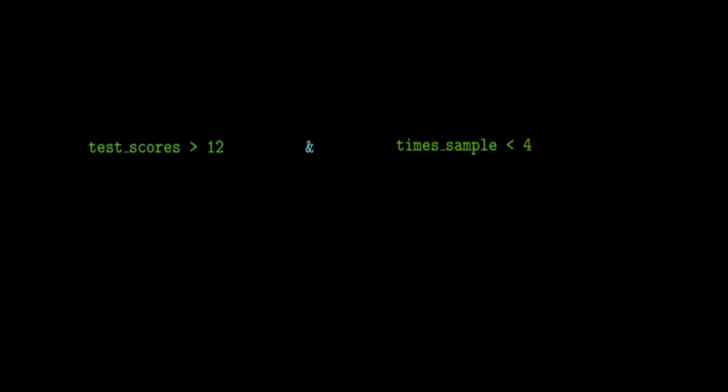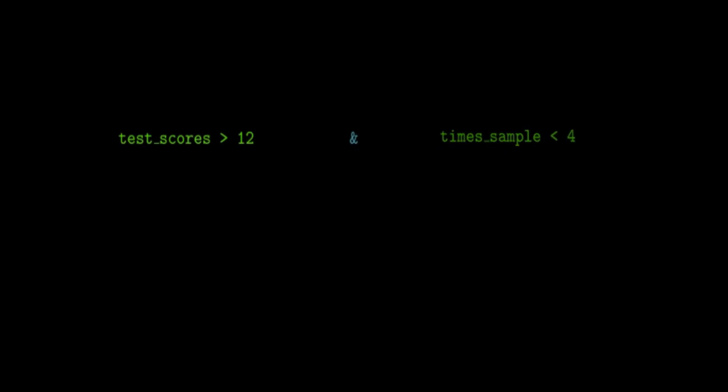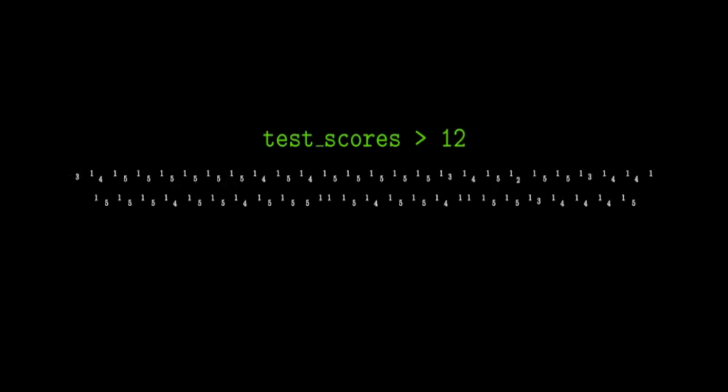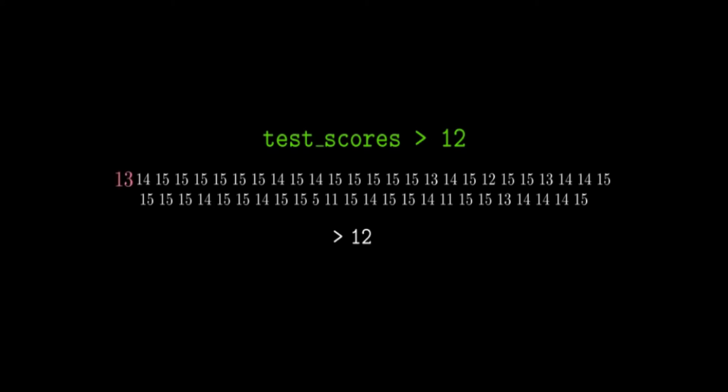What is important to understand here is how R proceeds in executing each of the two statements. For the left statement, R takes each member of the vector test_scores and compares it with the score 12. And this is what the left part does, and the result will be a vector of logical values, as you will see.